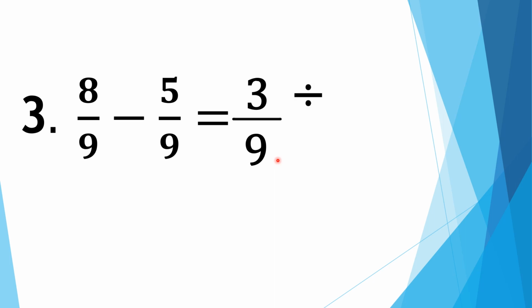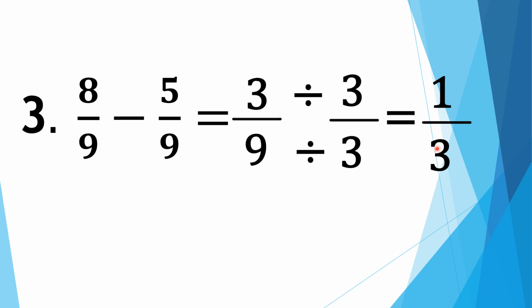So 3 divided by 3 is equal to 1, and 9 divided by 3 is equal to 3. So the lowest term of 3 over 9 is equal to 1/3. 8 over 9 minus 5 over 9 is equal to 1/3.